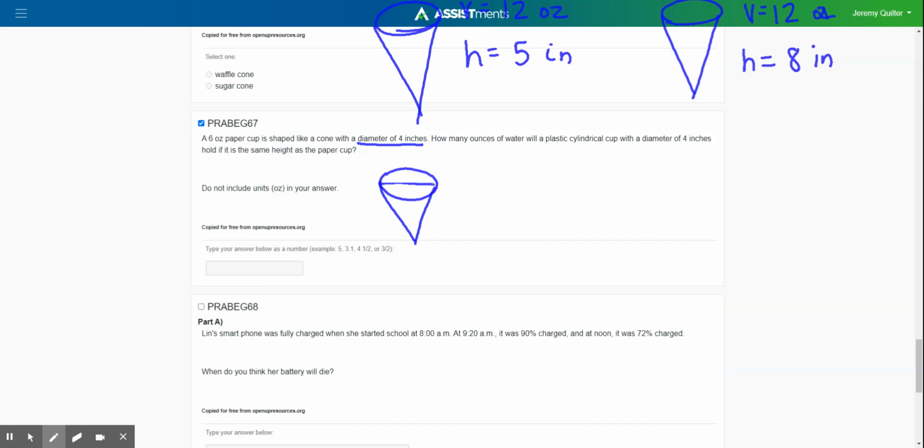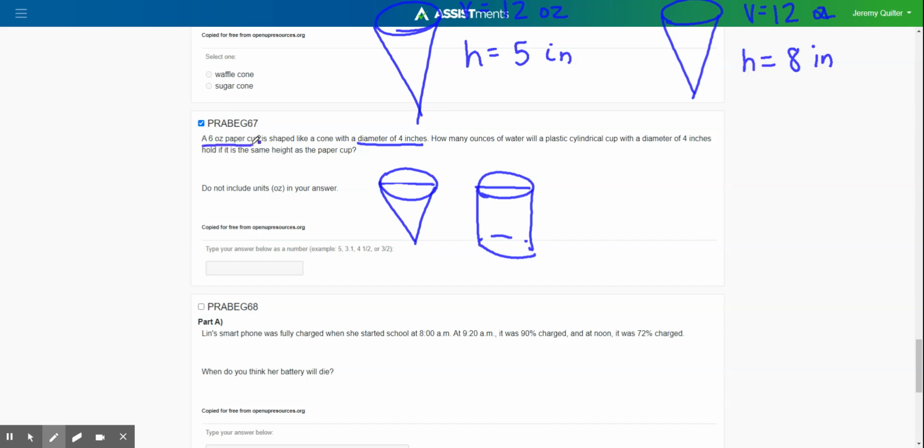So this goes back to previous lessons, comparing another cup in a cylinder shape that has the same diameter and holds the same height. So we have to figure out that piece. Don't include ounces in there.